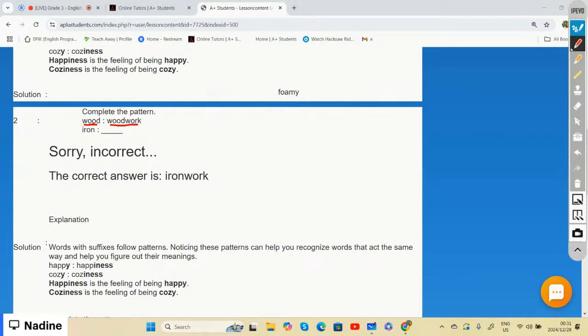But now, if you're doing something with iron, making things with iron, then what do we call that? Look at the suffix in order for you to follow the pattern.